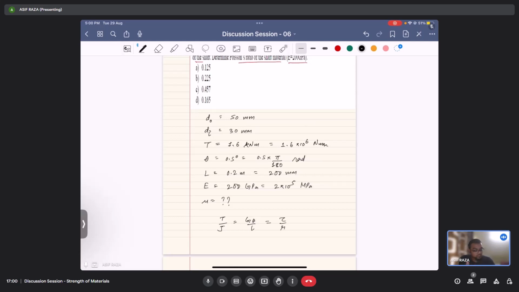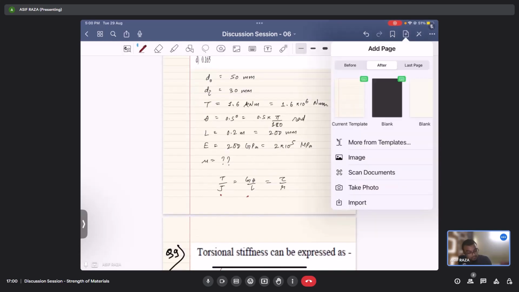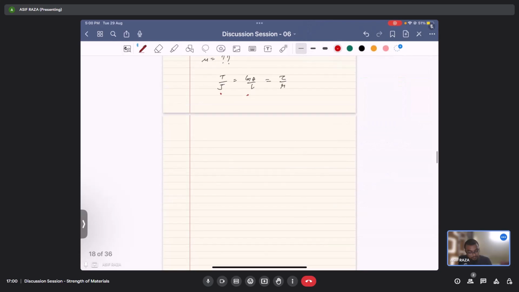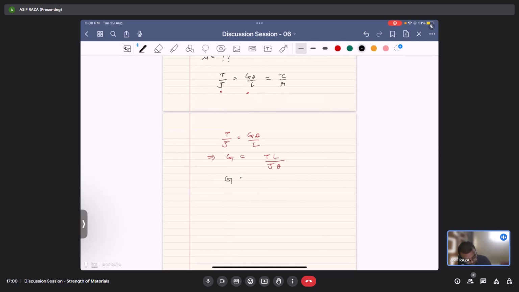So we'll use the first and second expression of the torsion equation, that is T by J equal to G theta by L, and on simplifying, G can be written as T L upon J theta.